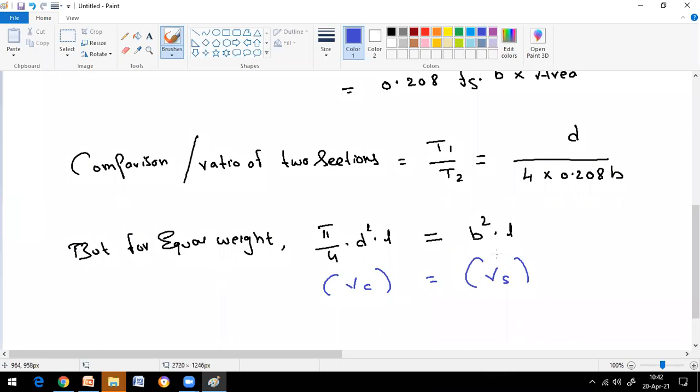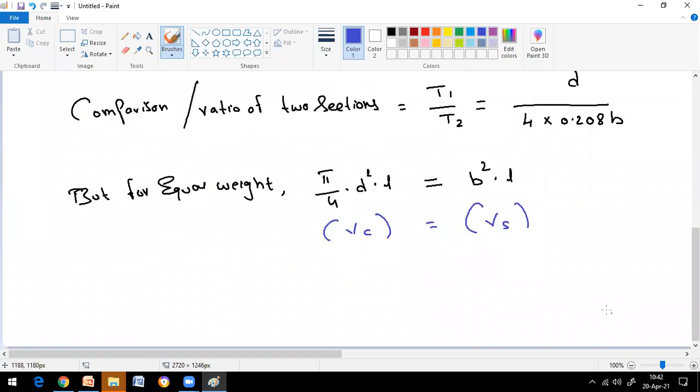So by doing this, write down what is D. How can I write D? D is equal to B root of pi by 4. Why? Because your L will get cancelled. Okay. So your D can be written as B root of pi by 4, which will be 1.128 times B. Right?